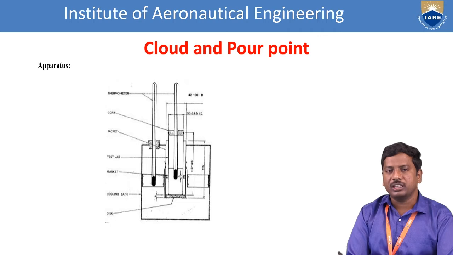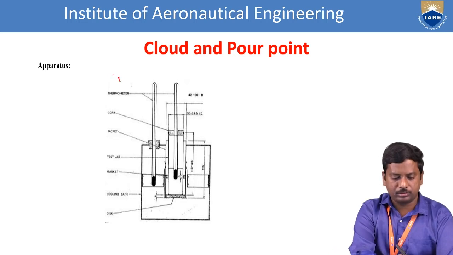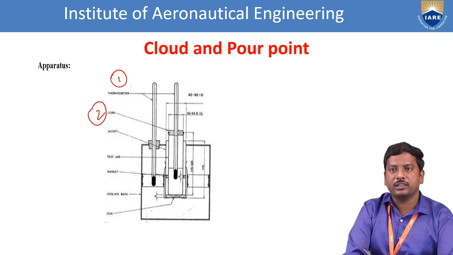So this is about the apparatus involved in the cloud and pour point. First of all, it contains thermometers and cork, and jacket.